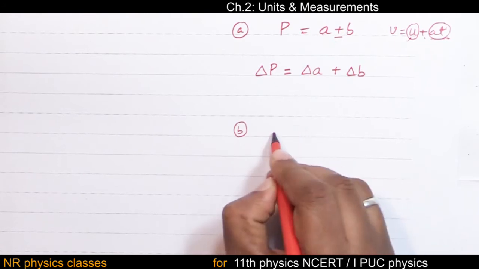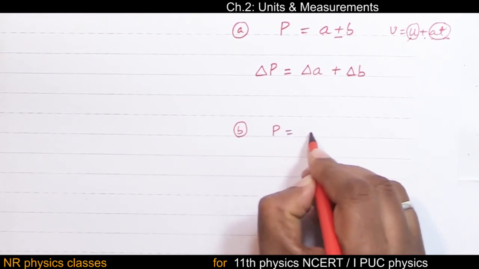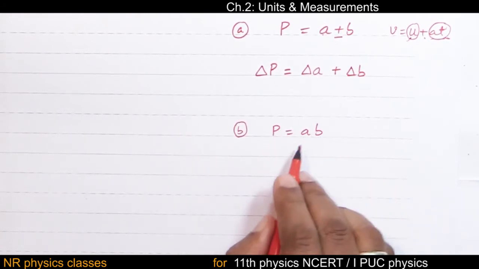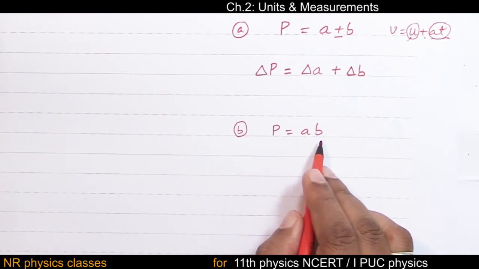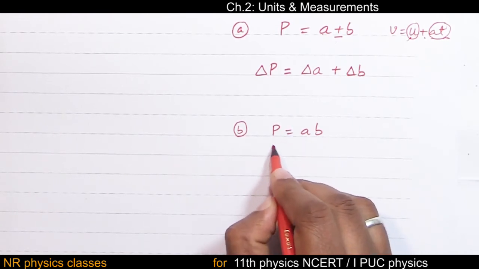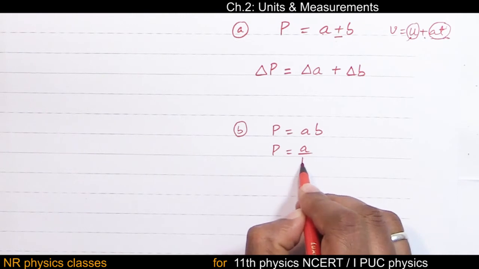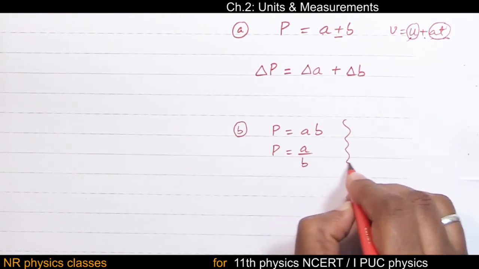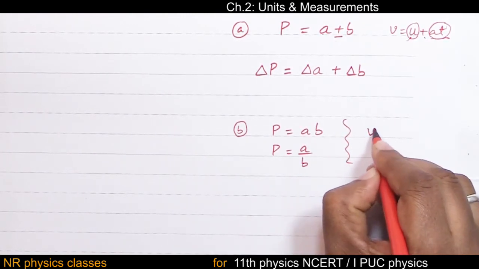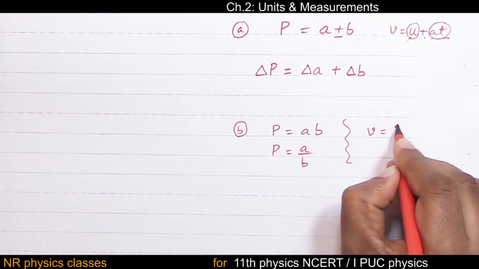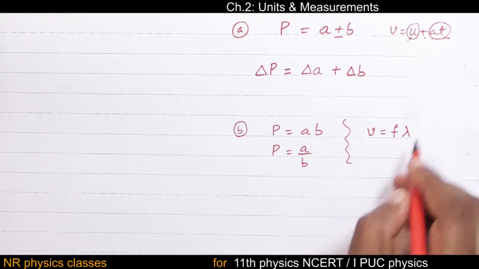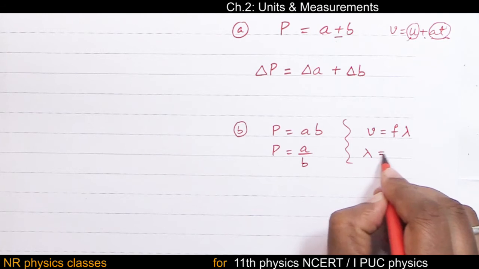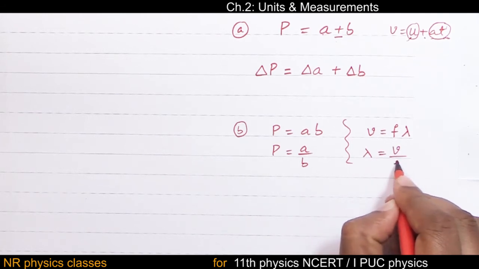If equation is of the form P equal to AB, product, or P equal to A by B. As an example, velocity equal to frequency into lambda, or lambda equal to velocity by frequency.